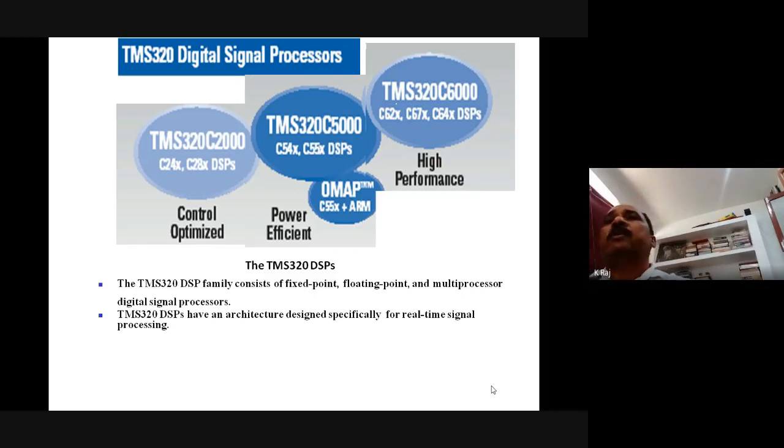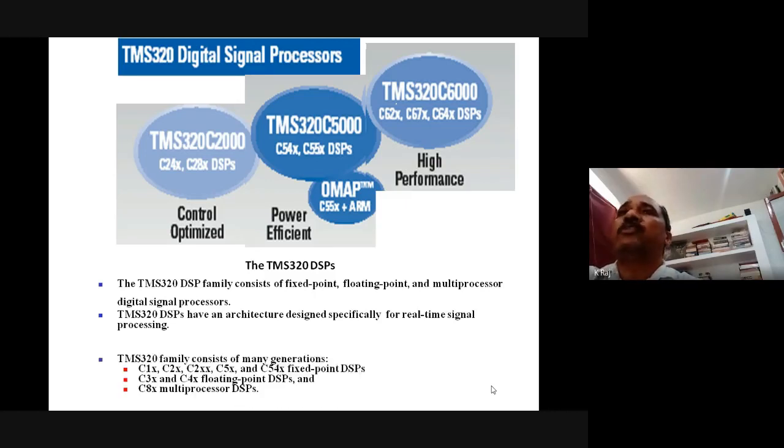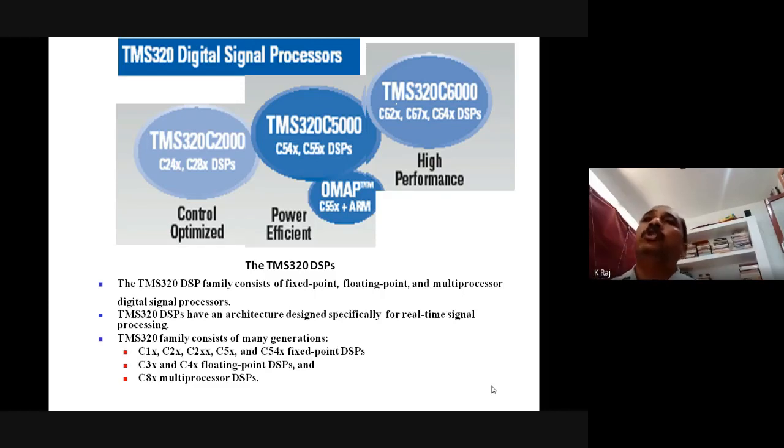The processors are either fixed point or floating point processors, designed specifically for real-time digital signal processing purposes. The TMS320 family consists of many generations: the C1X, C2X, C2XX family, C5X, and C54X fixed point DSPs, and the C3X and C4X, which are the floating point DSPs.